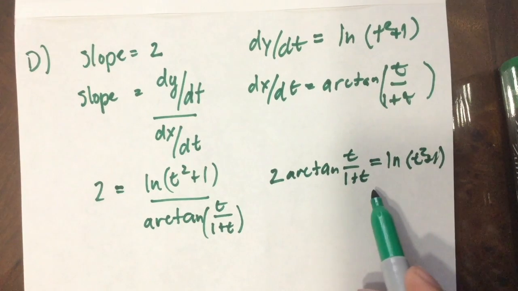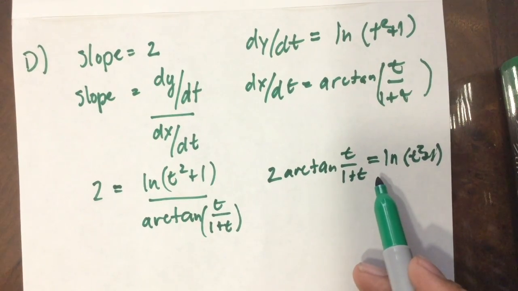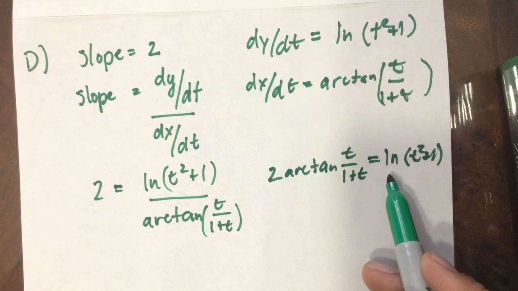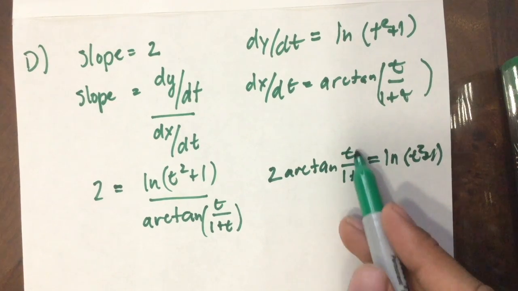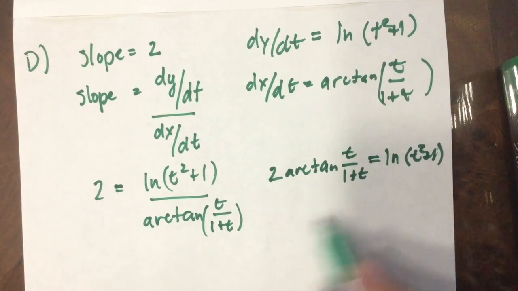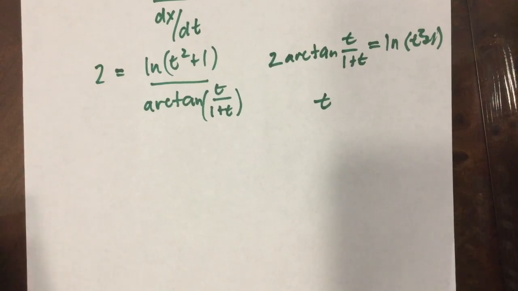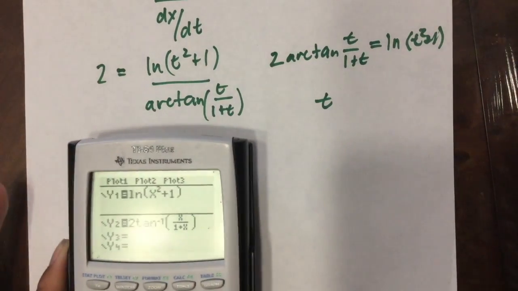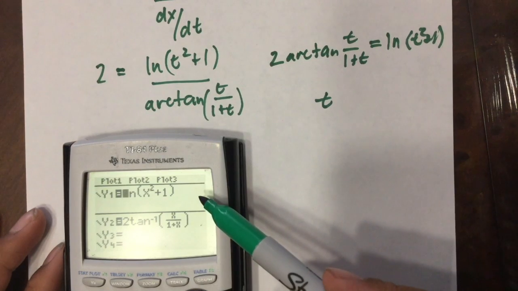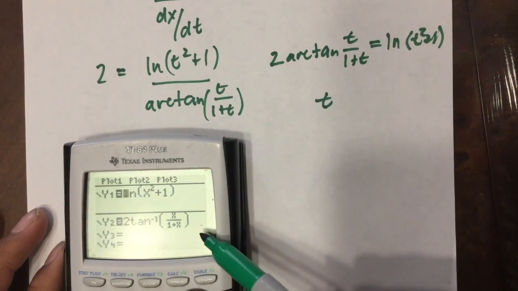Since these two expressions are equal, there is one point where they intersect, and that's the value of t. So I plugged the dy value into y1, and the dx value into y2.